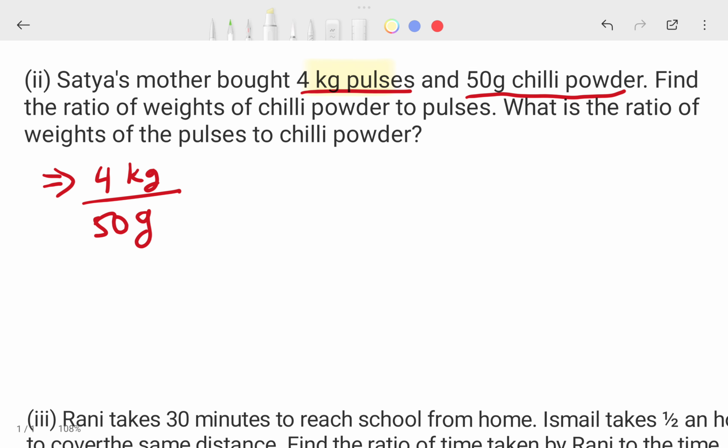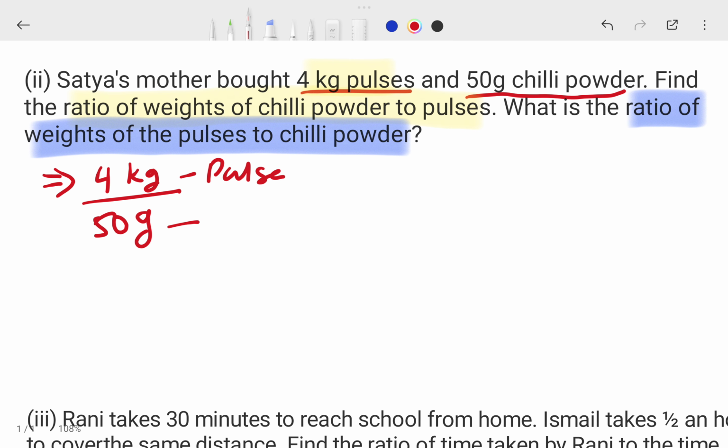Find the ratio of the weight of chili powder and pulse. What is this question telling? It says you have to find the ratio of the weight of chili powder and pulse, the ratio of both. Then again it says find the ratio of pulse and powder. The first given is pulse, and this is chili.